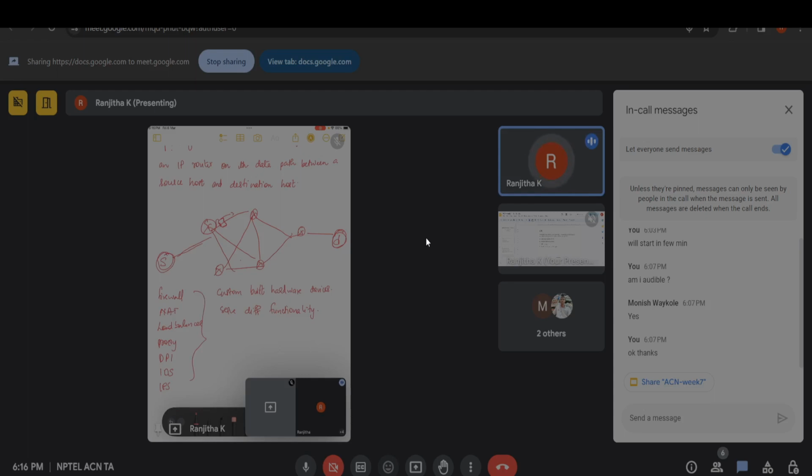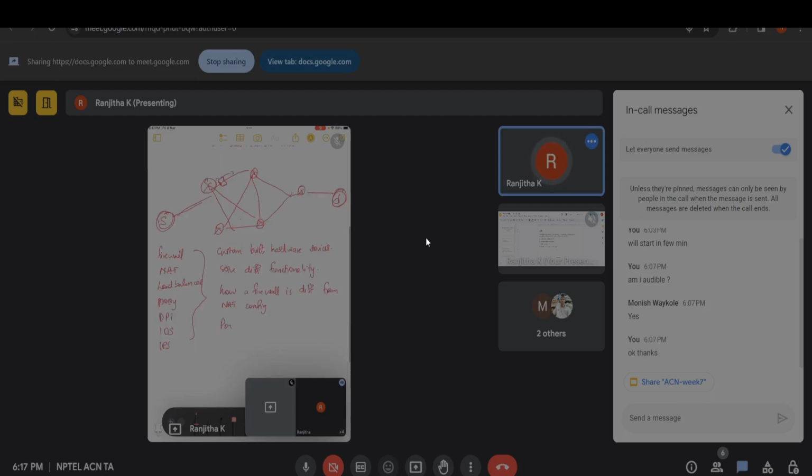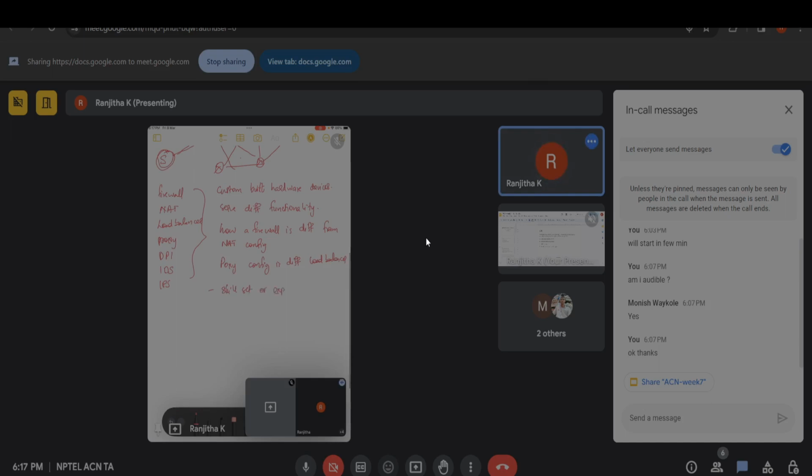How a firewall is configured is different from NAT configuration. How a proxy is configured is different from a load balancer. Each of these devices is very different, so the skill set or expertise required to configure these devices also varies.